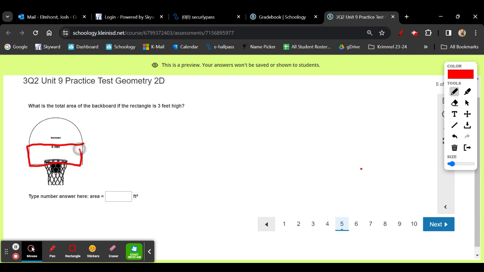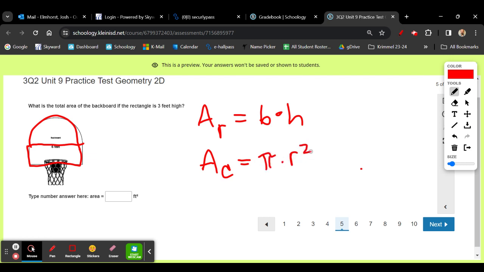We have two irregular shapes here. We have a semicircle. So the area of the rectangle is base times height. The area of a circle is going to be pi times r squared.